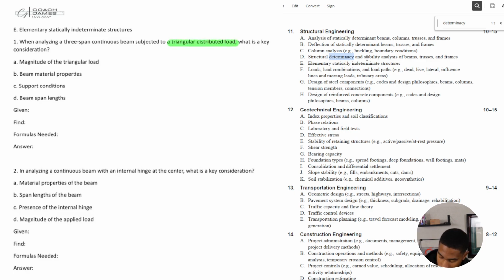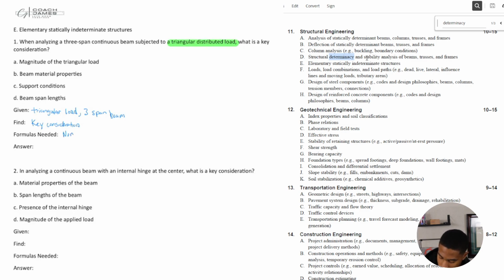And it is a 3-span beam. So we need to find the most key consideration. All right, is a formula needed?